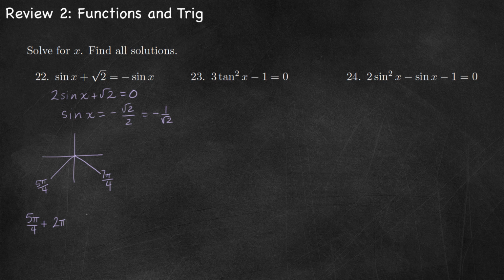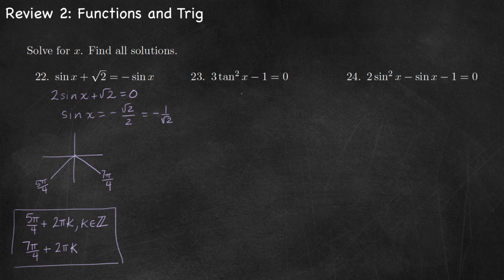Or I could subtract multiples of 2 pi. So plus 2 pi k, where k is an integer. And then we also have 7 pi over 4 as a solution, again, plus 2 pi k. I've already defined k, so I don't need to do that again, but this is our solution here.